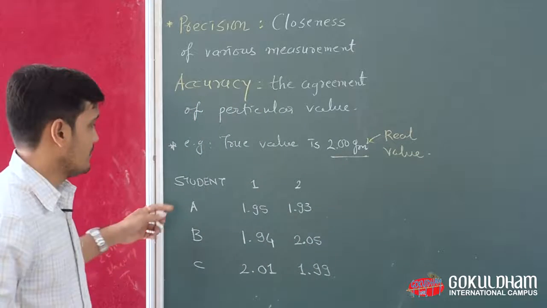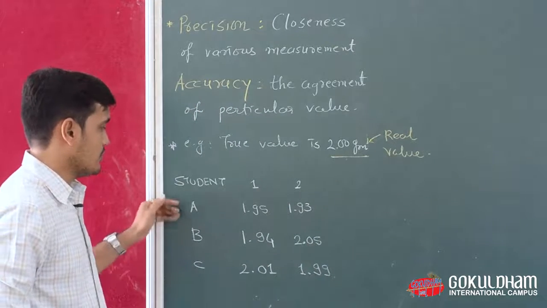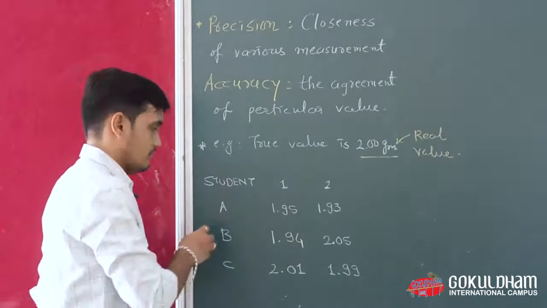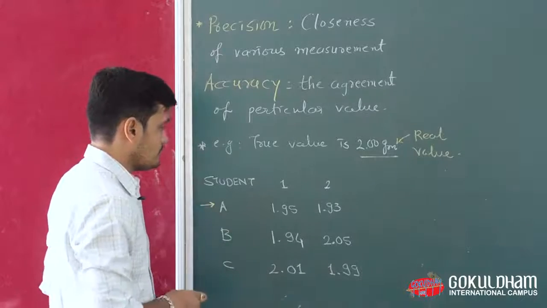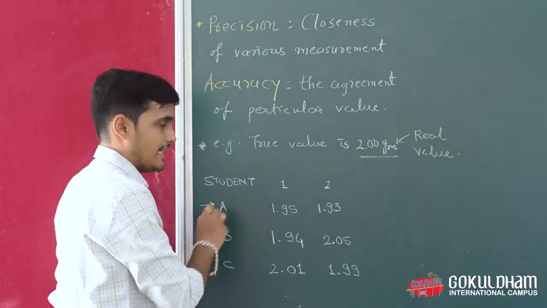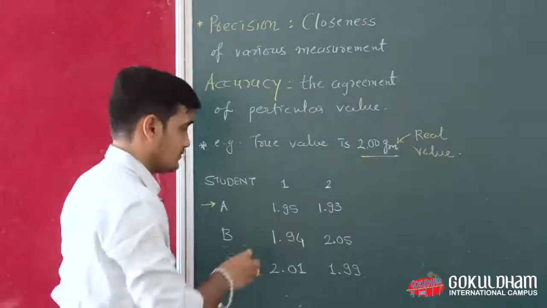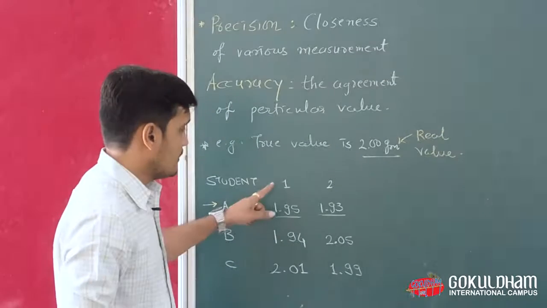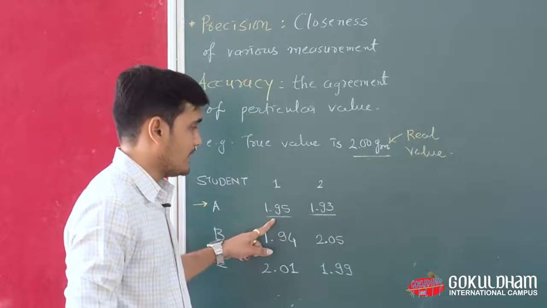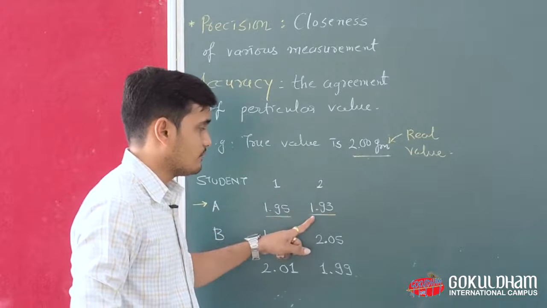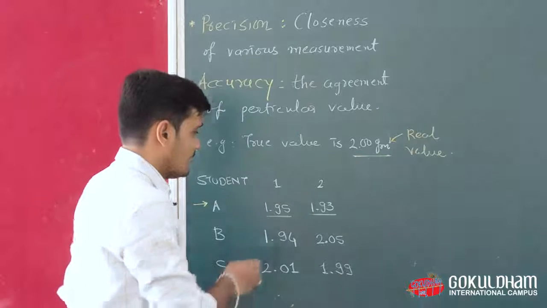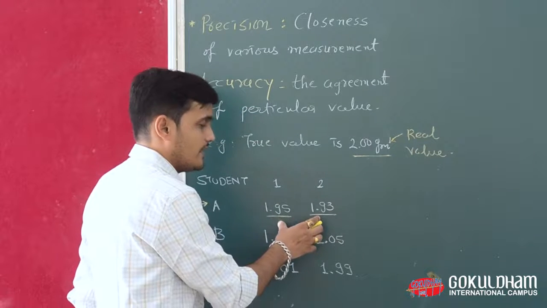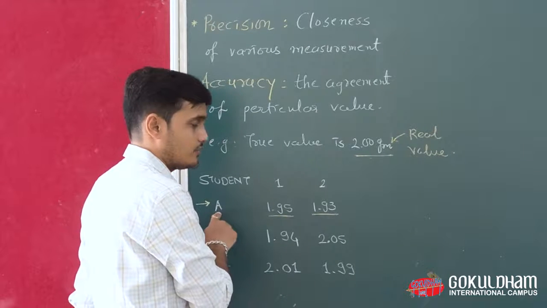In a classroom, there are 3 students, student A, student B and student C. In the first experiment, student A carried out the experiment and showed these two results. His first reading is 1.95 and his second reading is 1.93. These two readings are of the same experiment by the same student.